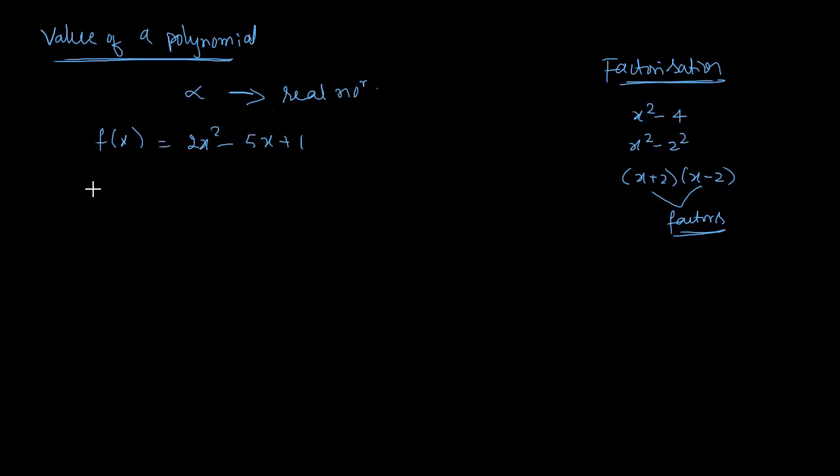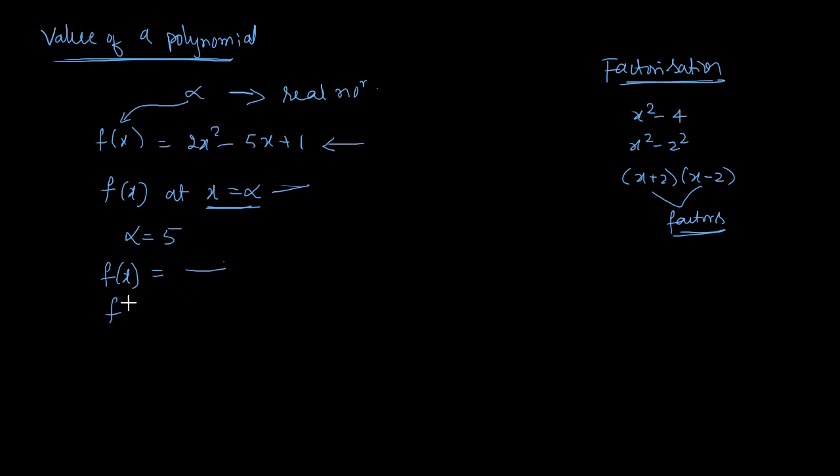If I substitute that value in it, I call this the value of f of x at x equals alpha. Let's take an example. If I take alpha as 5, what is the value of that polynomial at x equals 5? I'm going to substitute all those values here.